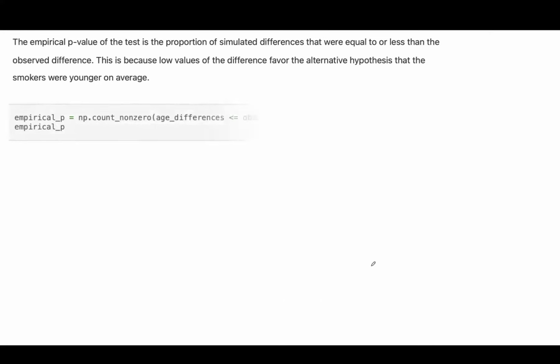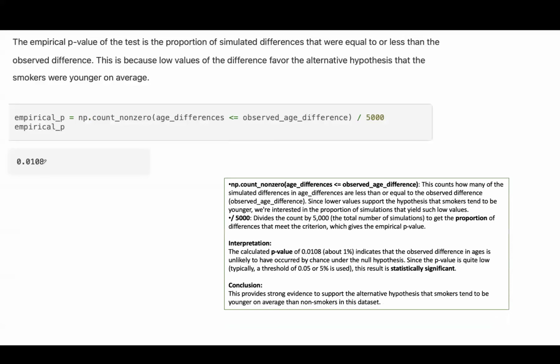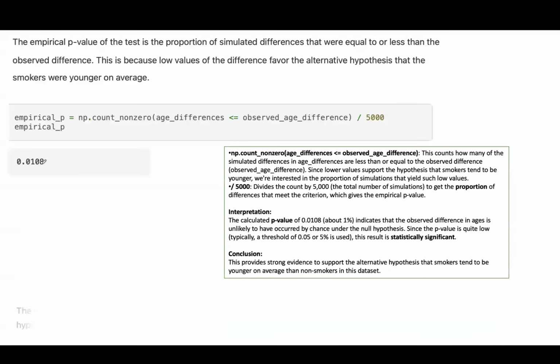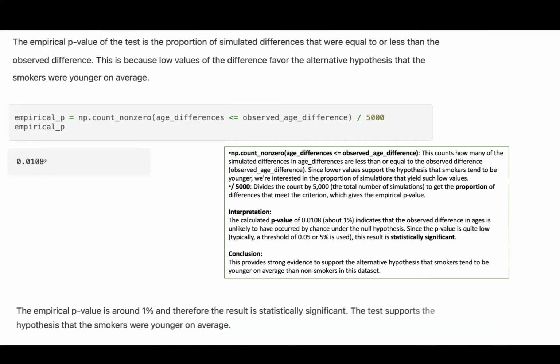So let's calculate our p-value. The p-value is about 0.0108. This is rather small. Compare the p-value with alpha, which is 5%. You can say that, since the p-value is less than or equal to alpha, we're going to reject the null hypothesis.